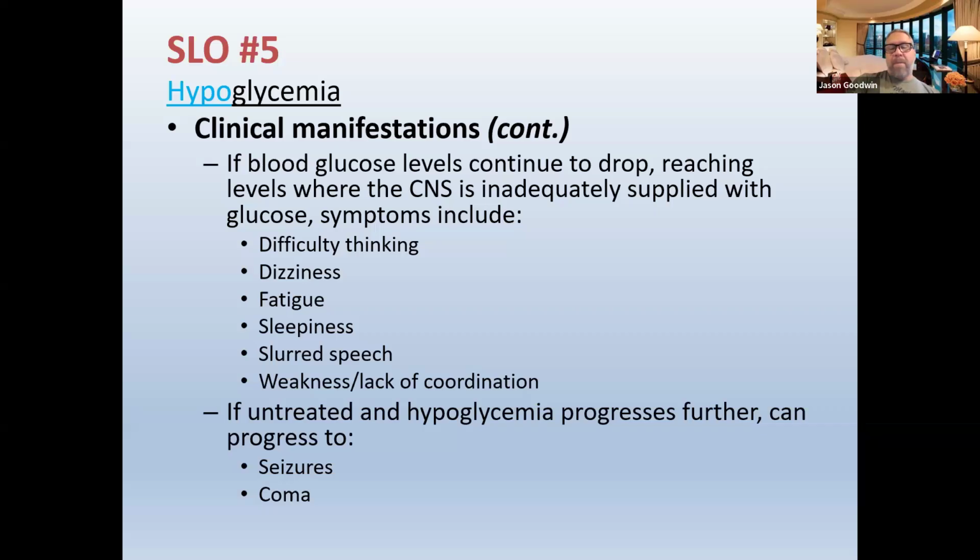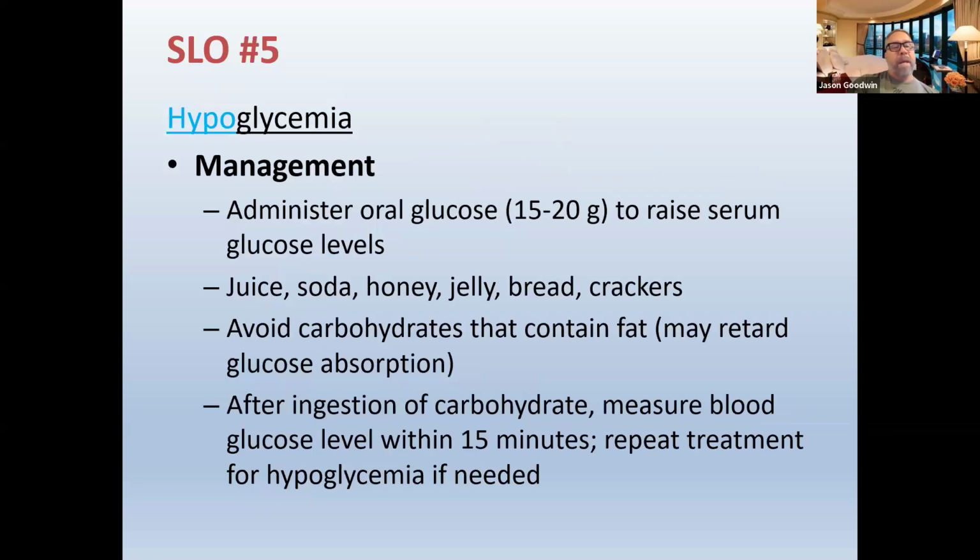The other thing to keep in mind is that the hospital may have protocols that you want to follow. Like I said, you're going to administer oral glucose pills, for instance, 15 to 20 grams to raise the levels. Juice, soda, honey, jelly, bread, crackers.